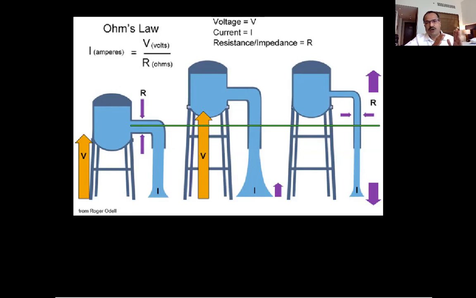In that case, you have to increase the height of the tank. There is another aspect also, because if you have very tall buildings, water reaching the same level is different. But here you want the water to reach each and every house. So to increase the force, you have to increase the height of the water tank. So this is the same as if you want more current in the body, you have to increase voltage.